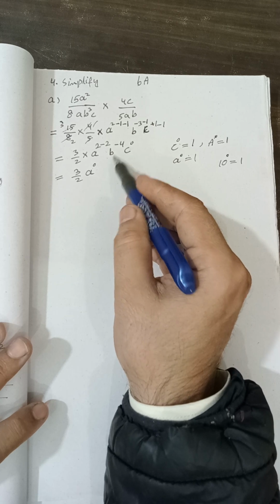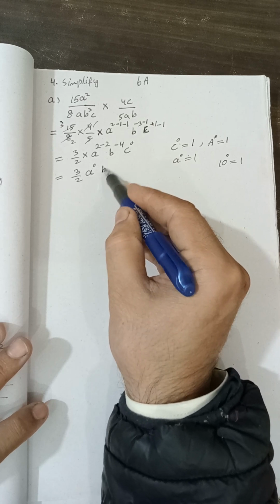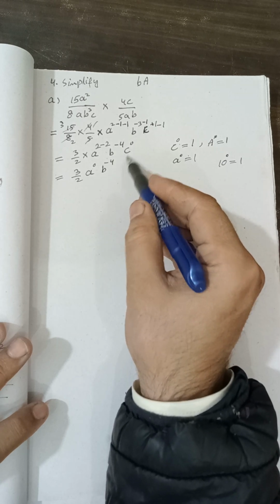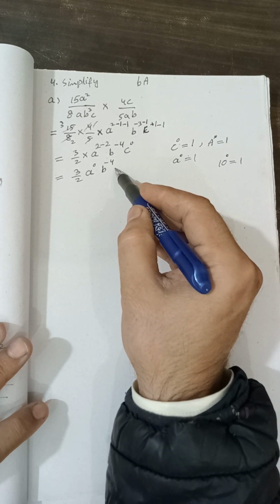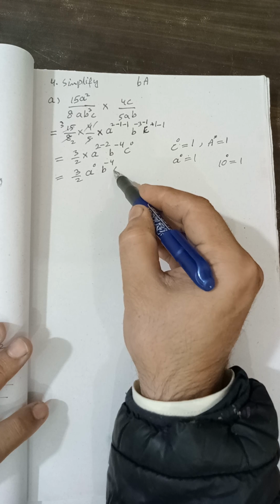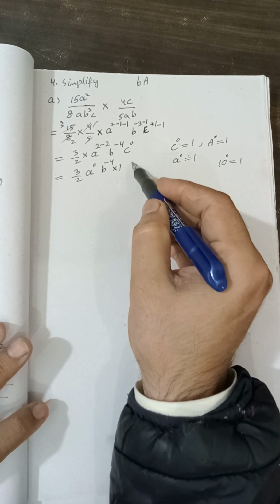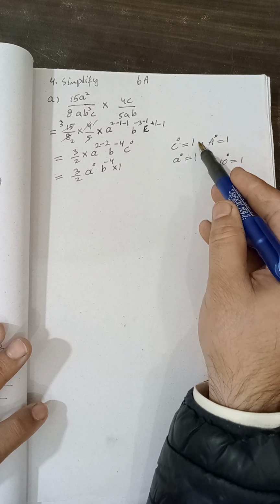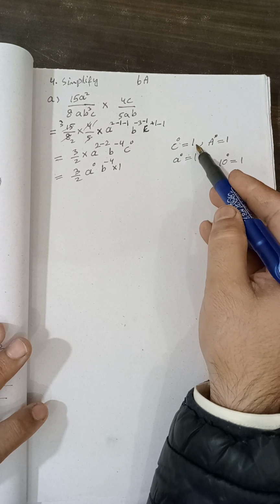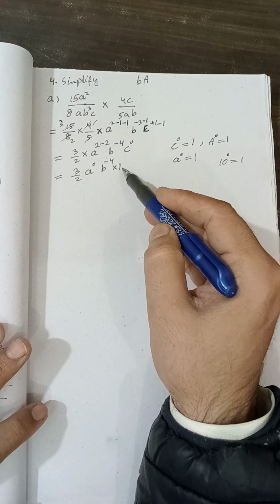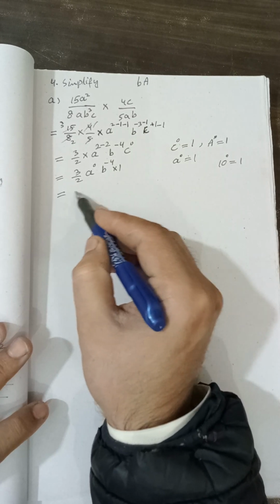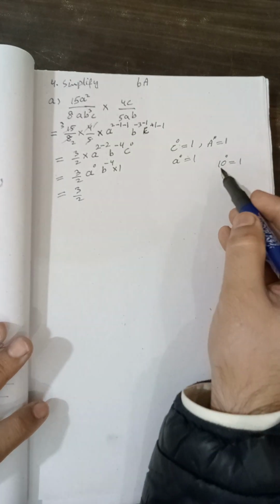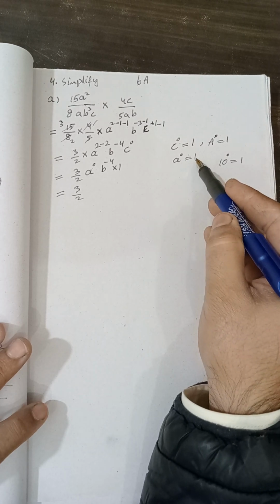And for B, the exponent is minus 4 and C has become 1. So write it, multiply by 1 for C degree. Right, C degree is 0, it is equal to 1, so I have written here 1. Now again 3 over 2, due to A degree is 0, so it is also 1.